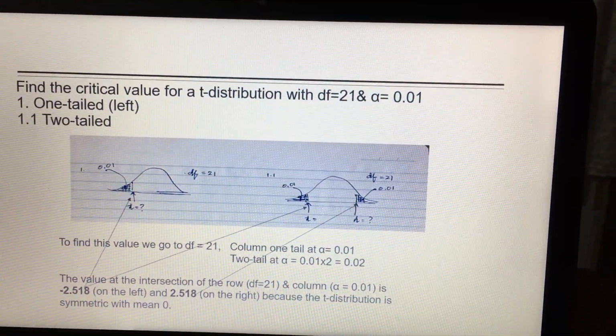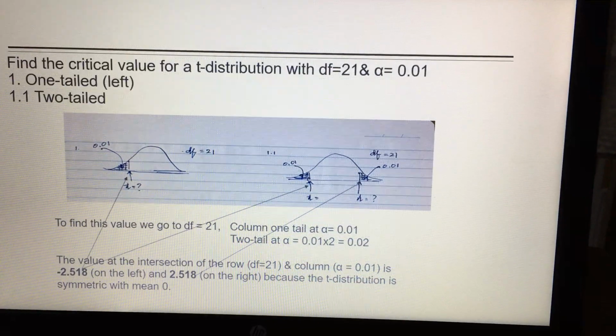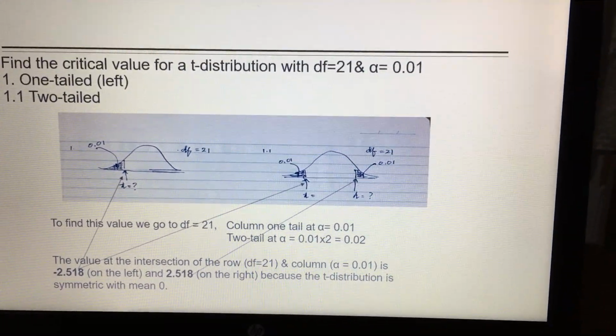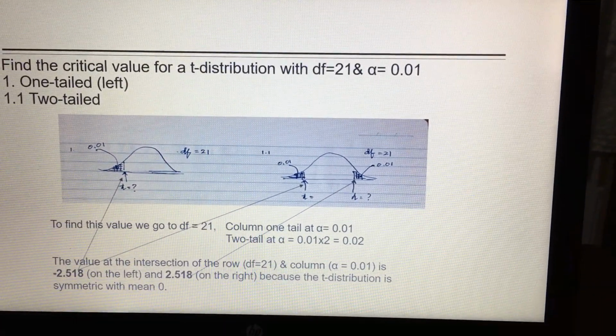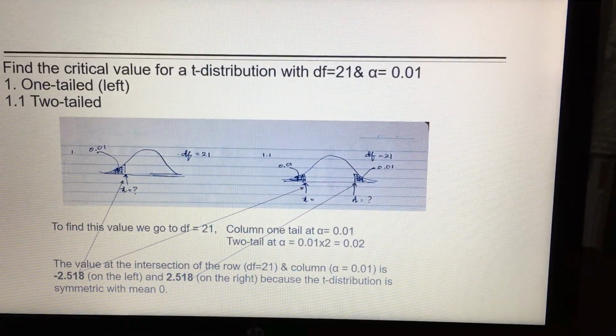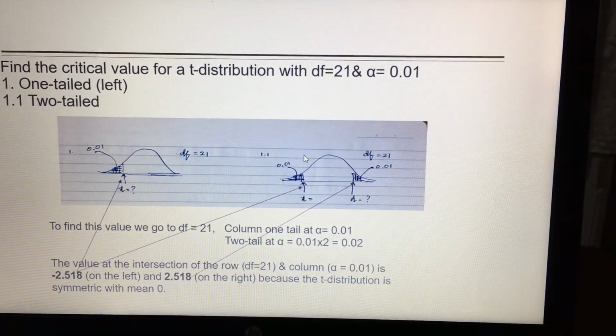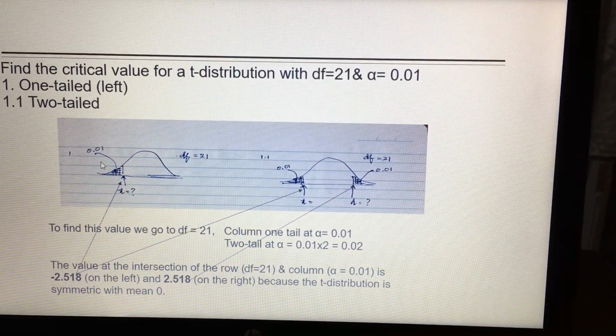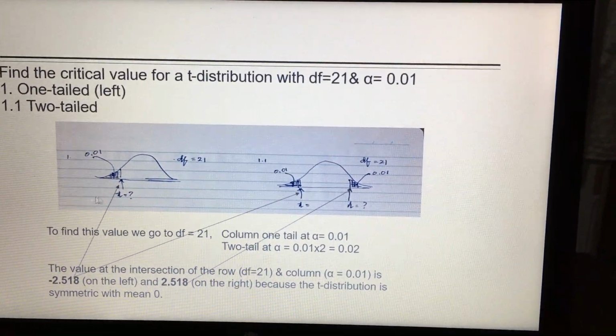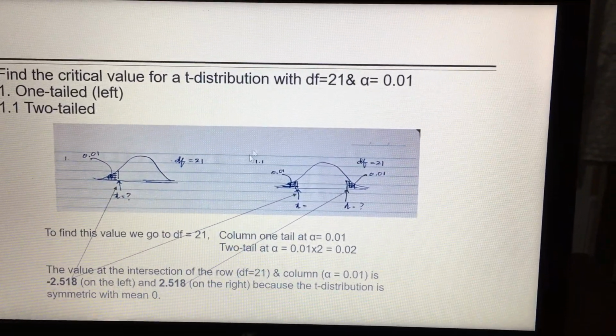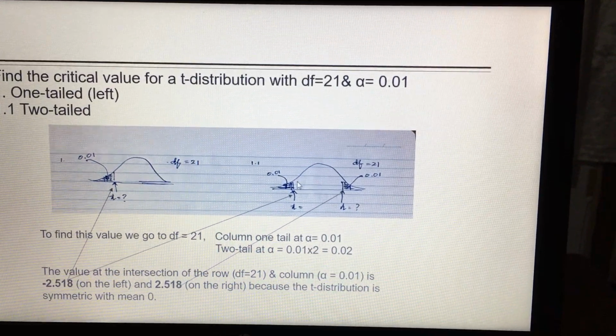For example number 1, we are asked to find the critical value for a t-distribution with degrees of freedom 21 and alpha at 0.01. Example 1 will be left-tailed. Example 1.1 will be two-tailed.